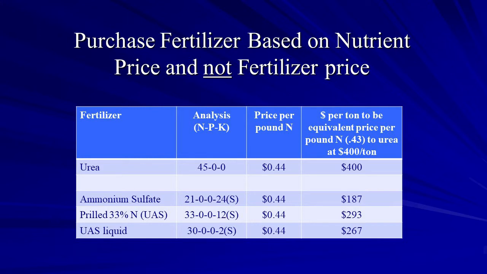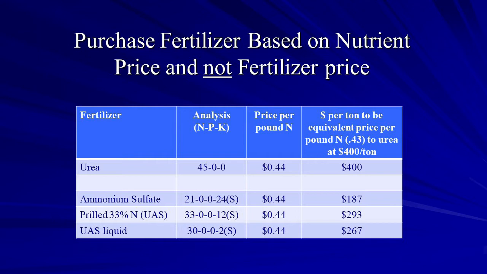If you consider that urea is 46% nitrogen, and let's say it costs $400 a ton, just for a figure to throw out there, that ton contains 920 pounds of nitrogen. Compare that to ammonium sulfate, which is 21% nitrogen.